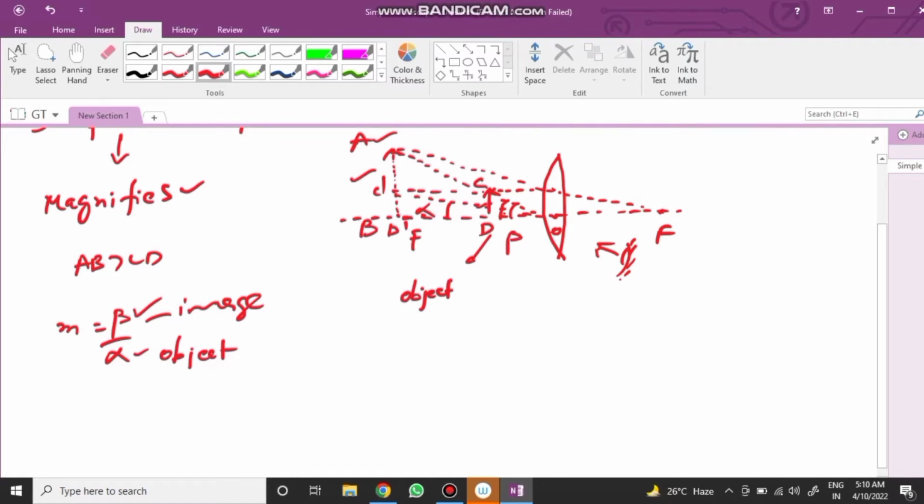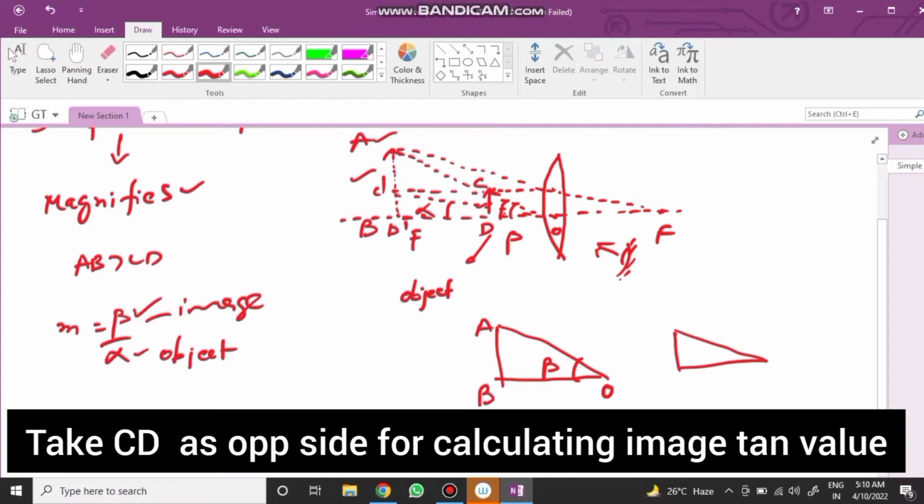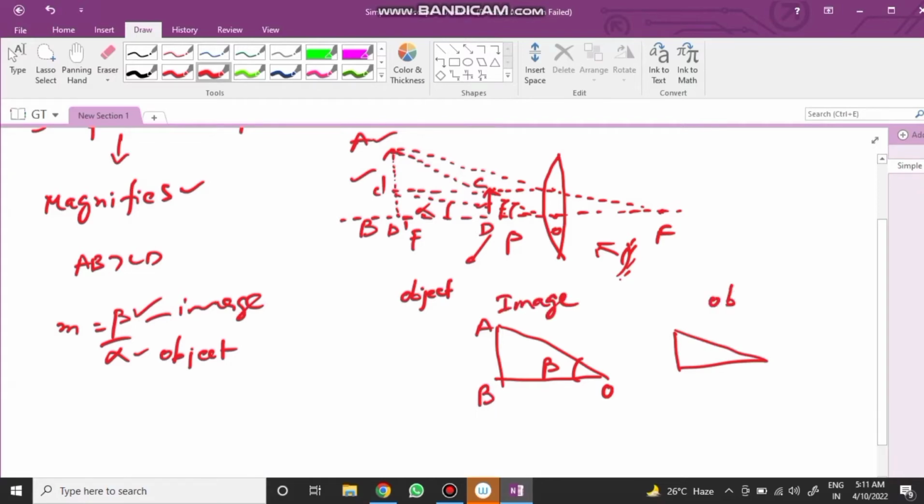So you have two triangles: one is A, B, O, where the beta angle is made by the image, and another is C prime, D prime, O, where the alpha angle is made by the object.